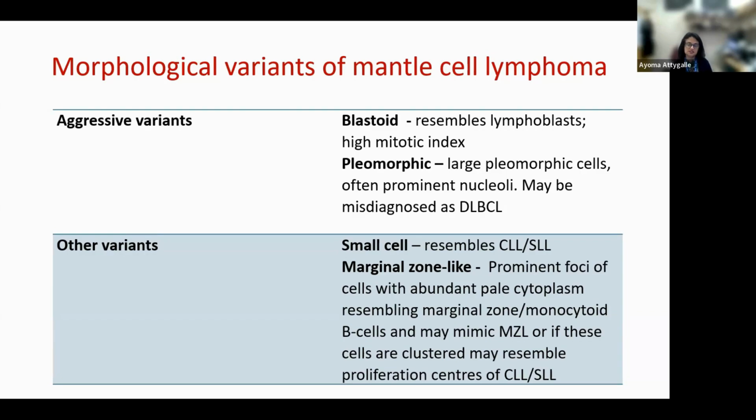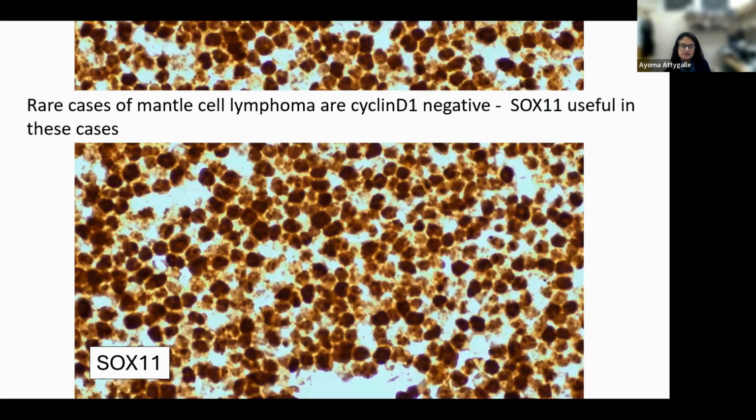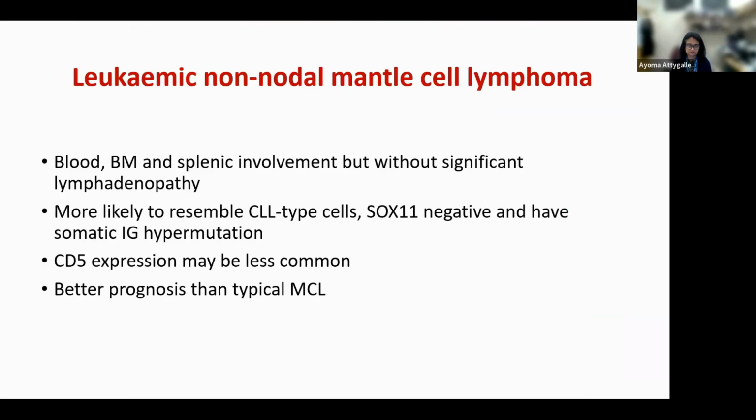So the message is essentially you have to use immunohistochemistry to confirm these diagnoses. There are rare cases of mantle cell lymphoma that are cyclin D1 negative. And in these cases, SOX11 is very useful because we don't necessarily have cyclin D2 or cyclin D3 readily available for us to assess.